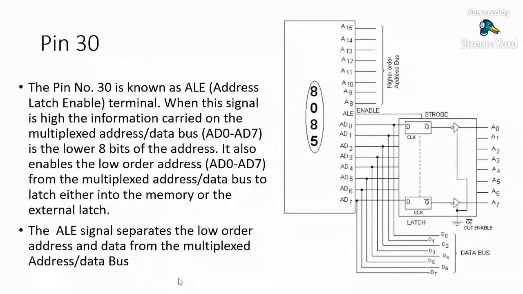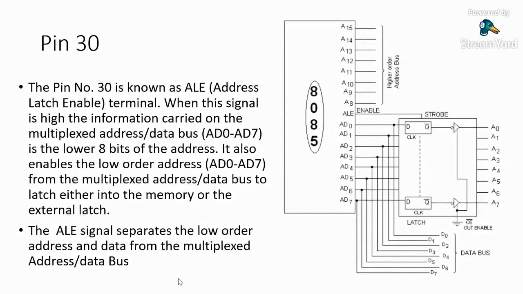The ALE signal separates the low order address and data from the multiplexed address or data bus. So simply saying, address latch enable is the control signal that indicates when AD0 until AD7 is being used as data, or AD0 to AD7 is being used as address.